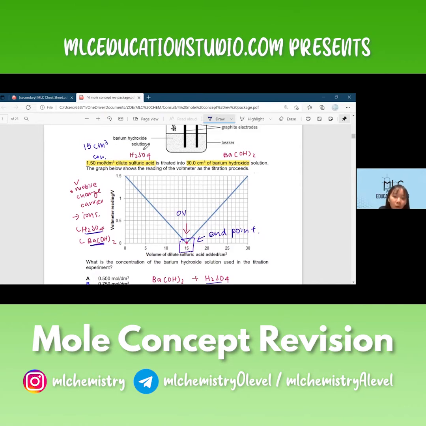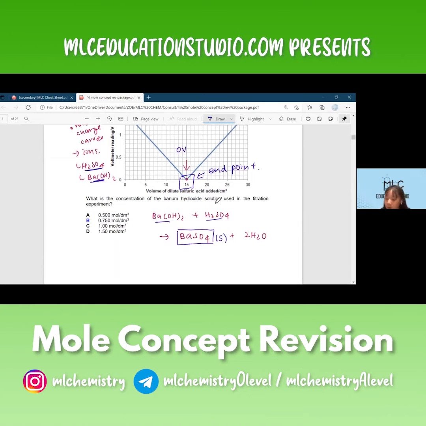Find out the number of moles of H2SO4 because you have your volume and concentration. You get that the number of moles of H2SO4 is actually 0.0225. By mole ratio, your barium hydroxide should also be 0.0225. This is your number of moles.